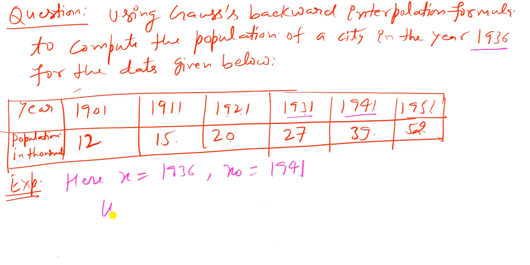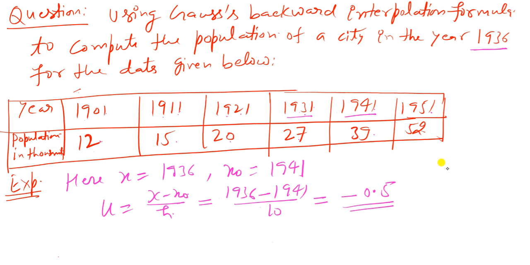Then compute the value of u is equal to x minus x naught upon h, and here the interval difference h is equal to 10. So x is 1936, x naught is 1941, and h is 10. So this is equal to minus 0.5, and minus 0.5 lies between minus 1 and 0. In that case, the Gauss backward interpolation formula is applicable. Now when we apply the Gauss backward interpolation formula, we construct the difference table.